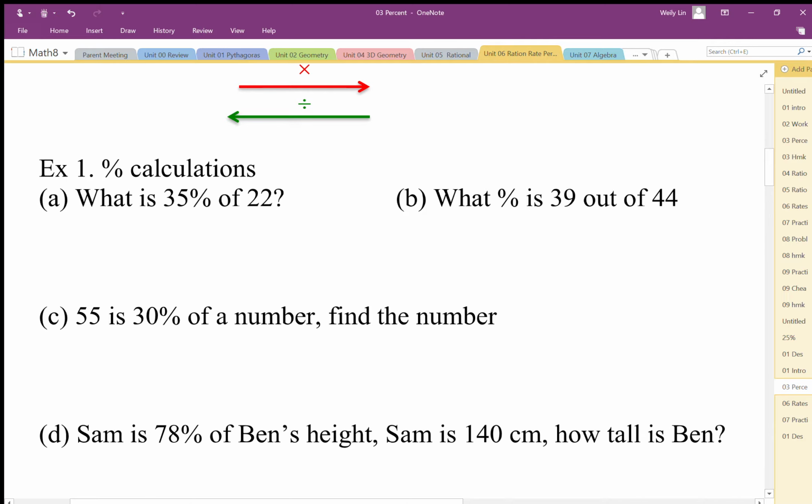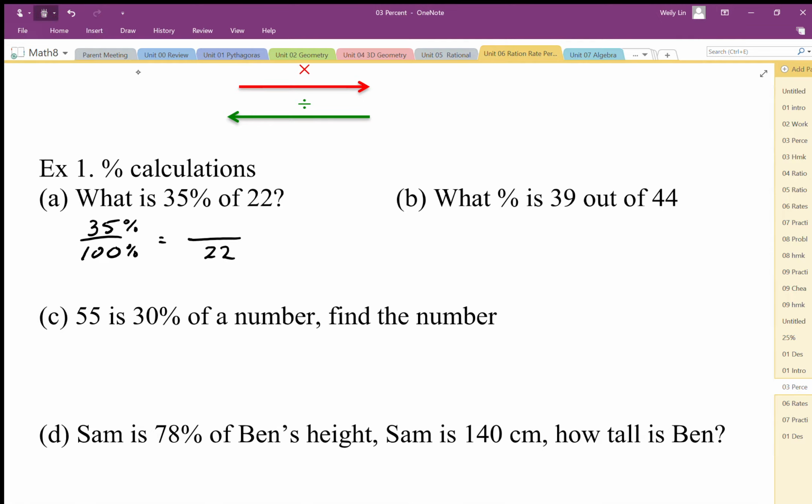To set up the percentage calculations, we're going to set up our percent ratio. So 35% is 35 out of 100. And of 22, well, we have to decide, is the 22 the 35 part or the 100 whole? So 22 in this case is going to be the whole.